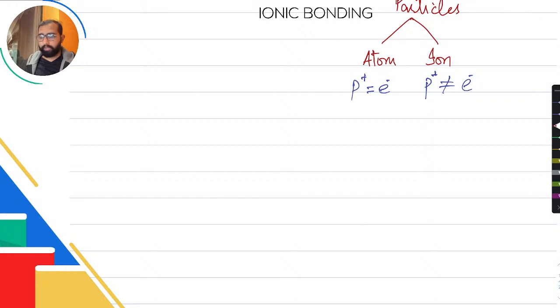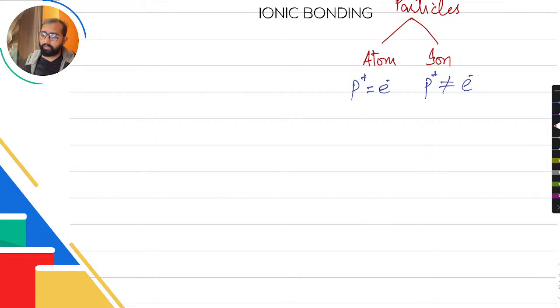Now there are two kinds of ions because there are two cases. In one you have fewer electrons than protons, and in the other you have more electrons than protons. Again, I'm saying more or fewer electrons because I'm not talking about protons coming in or going out of any atom, because that's quite difficult to do. There are some cases in which that happens, but we won't get to that for now.